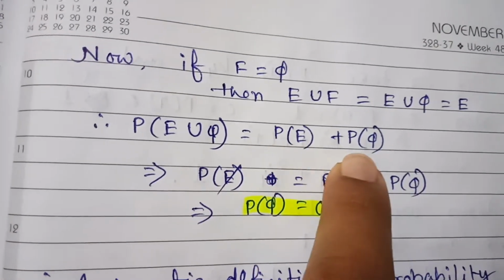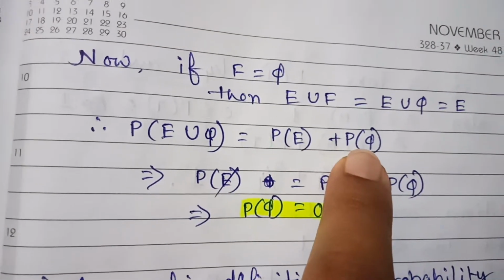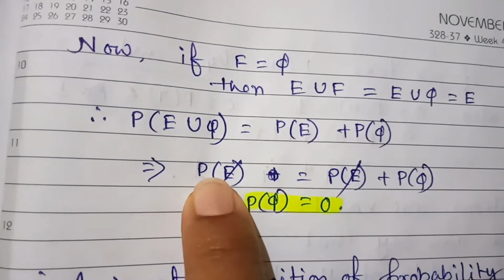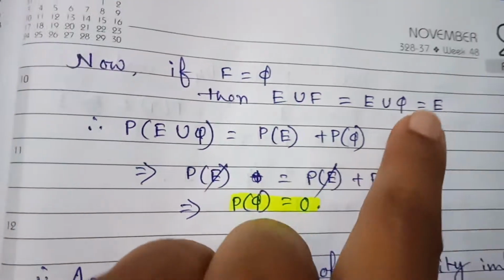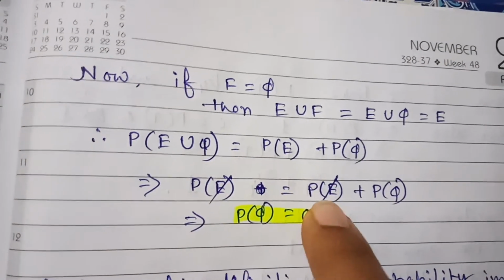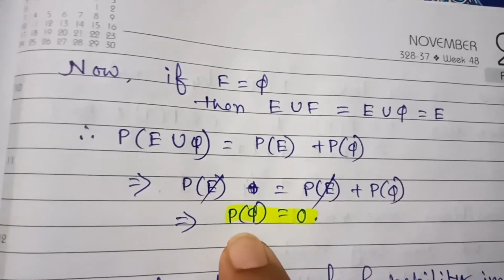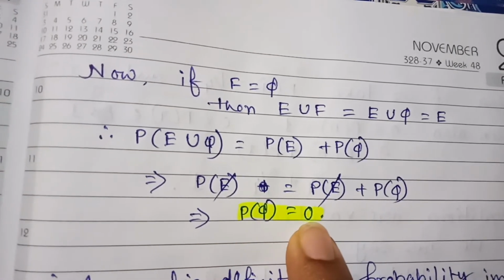P(E) plus P(phi), the individual addition of these two functions. Now P(E union phi) is P(E), because E union phi equals E. So P(E) equals P(E) plus P(phi). That implies P(phi) equals 0.